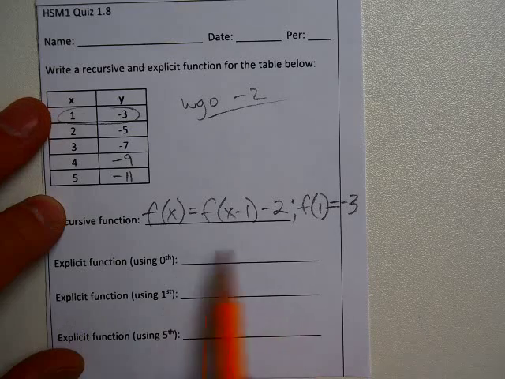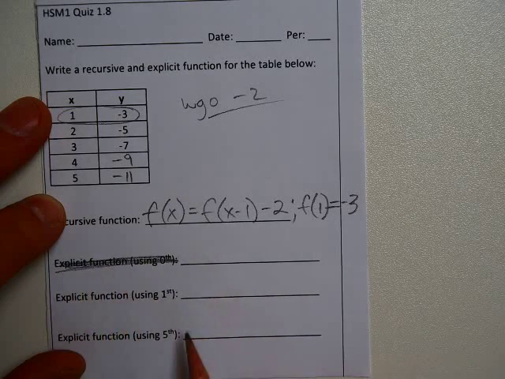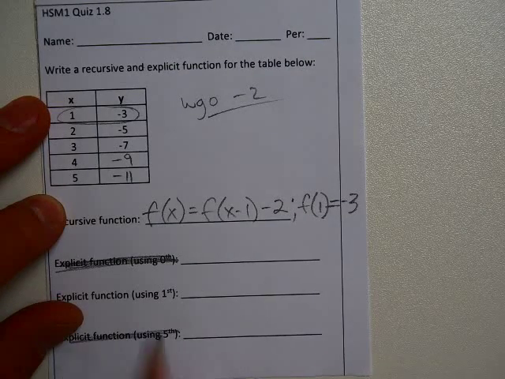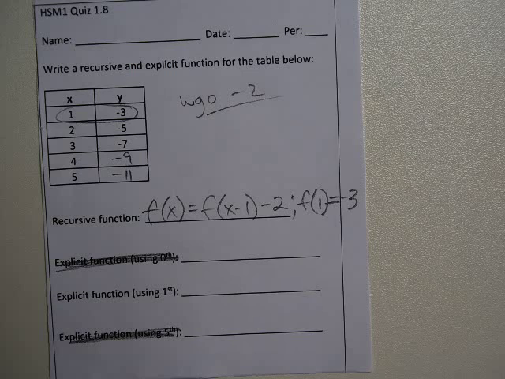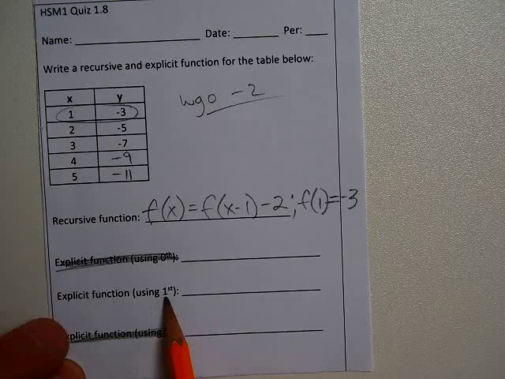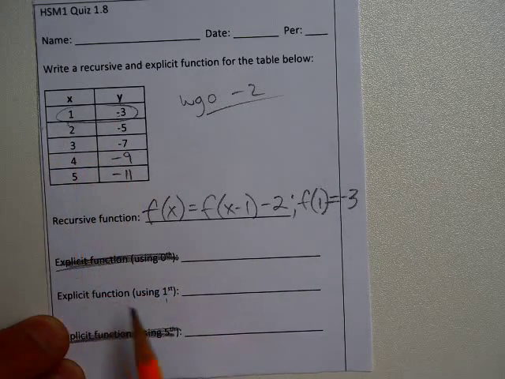Now, I know this asks for the explicit function using the 0th term and using the 5th term, but frankly I don't think those make a lot of sense. We're having some troubles getting this stuff down anyway, so I've been not trying to confuse or complicate things. But using the first term does make sense because -3 is the first term.